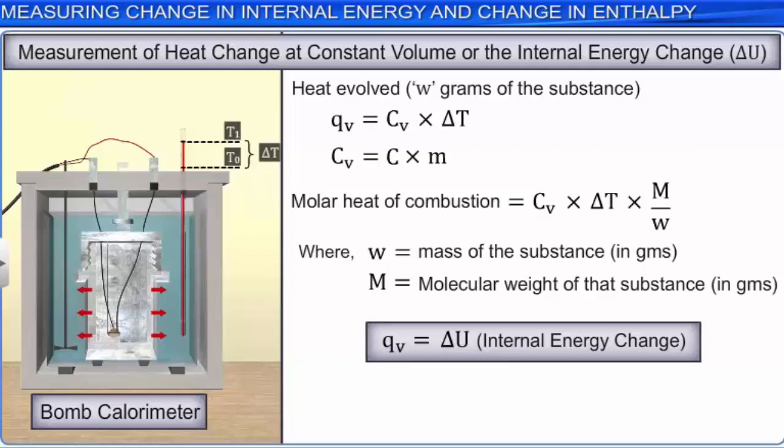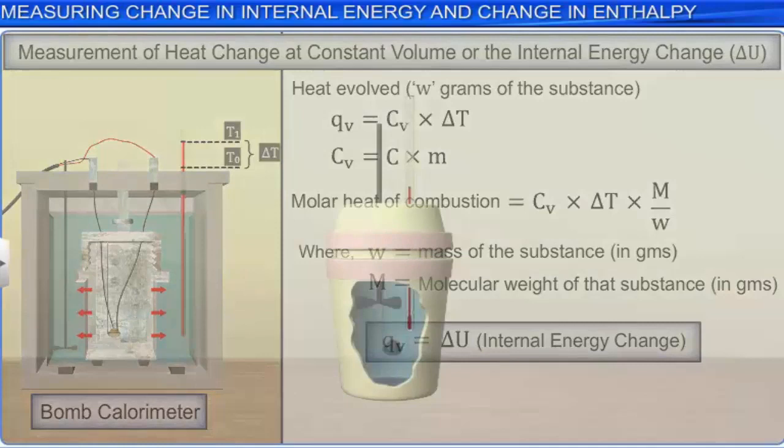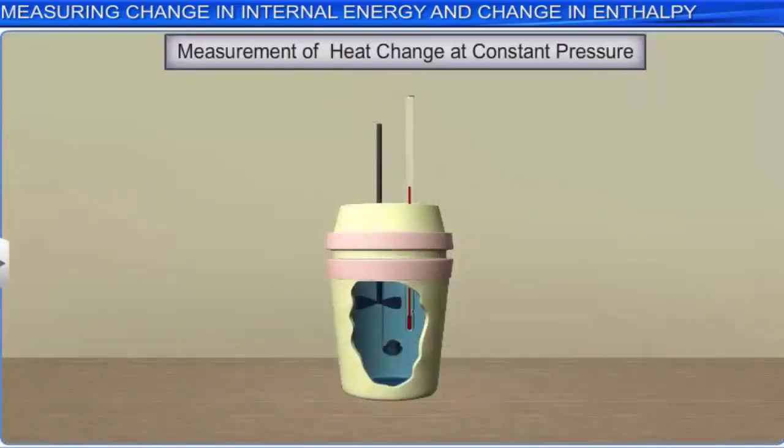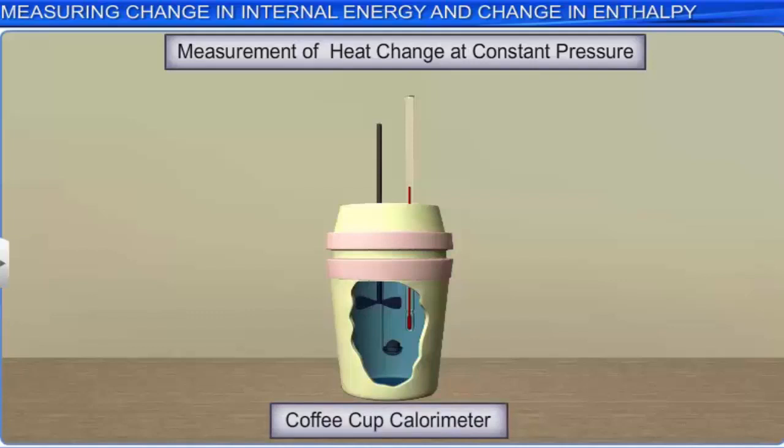Let us now measure the heat changes at constant pressure. To measure the heat changes at constant pressure, a device known as a coffee cup calorimeter is used. These calorimeters are open to the atmosphere, so these measure heat changes at constant pressure.